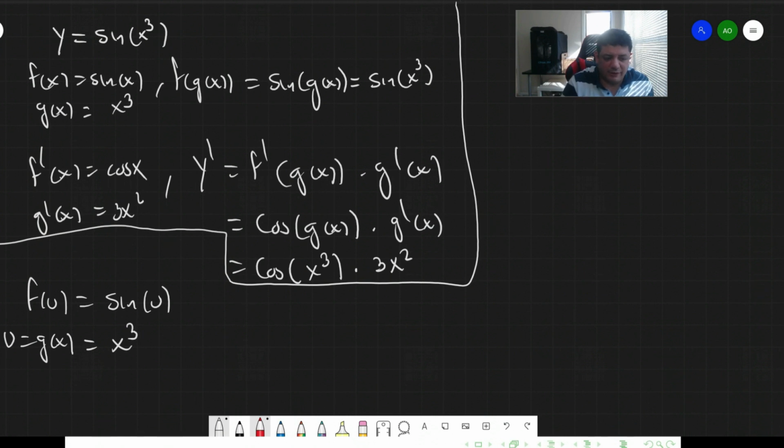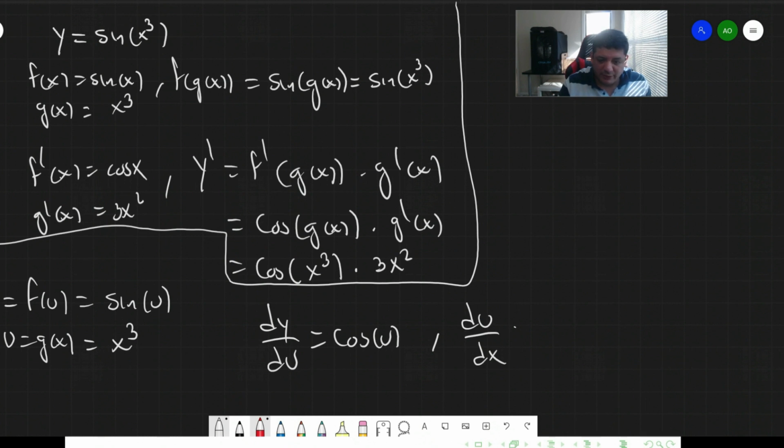So it's the same way of seeing this, but now, this is y, I can calculate dy/du. The dy/du is the derivative of y with respect to u, which is cosine of u, and I can also calculate du/dx, which is the derivative of u with respect to x, which is 3x squared.